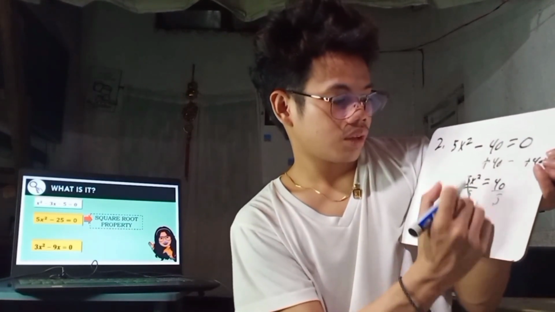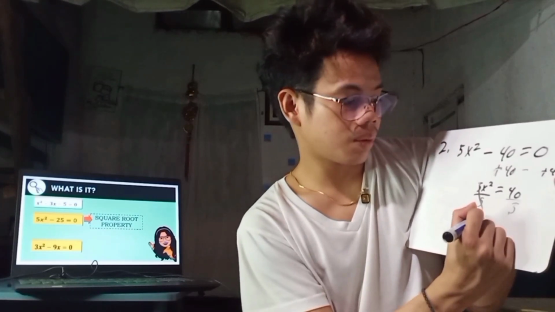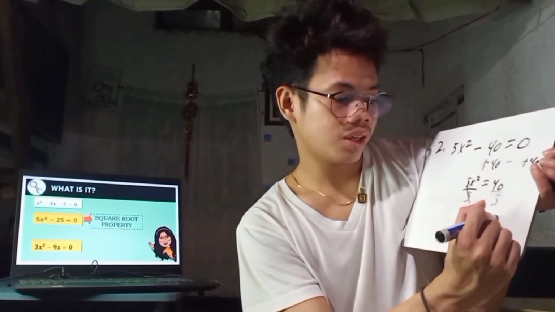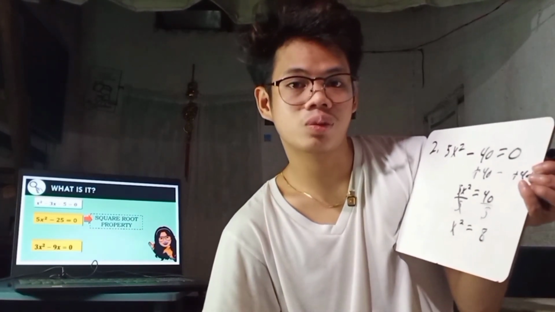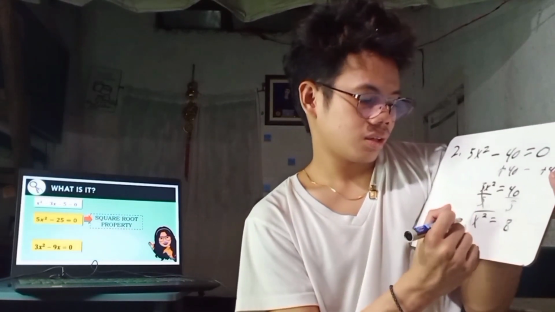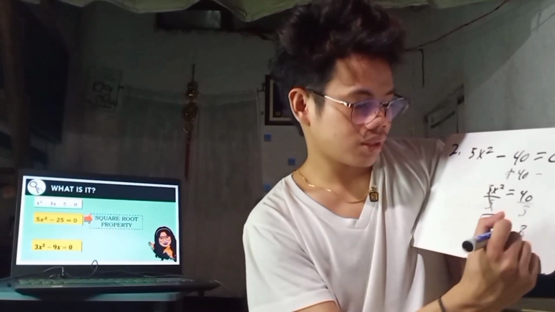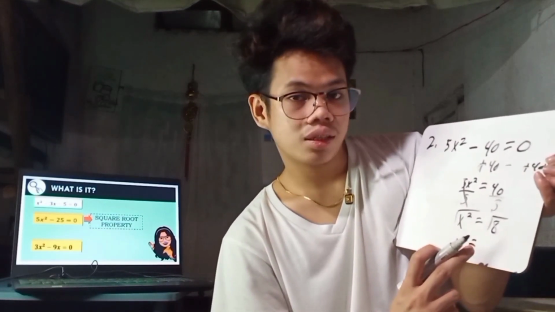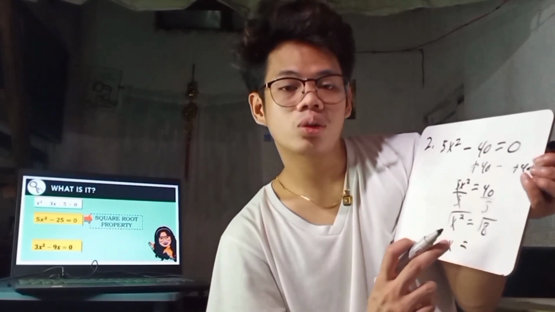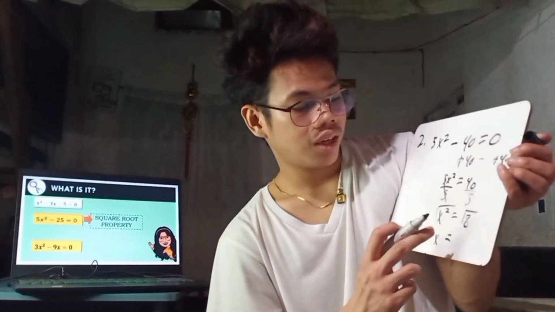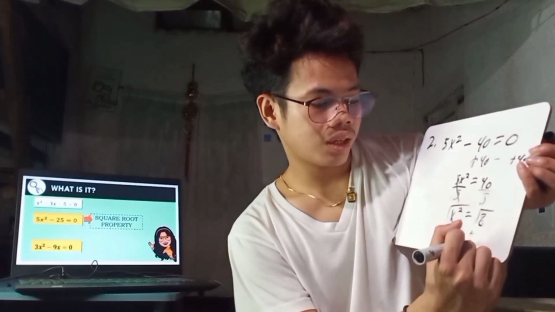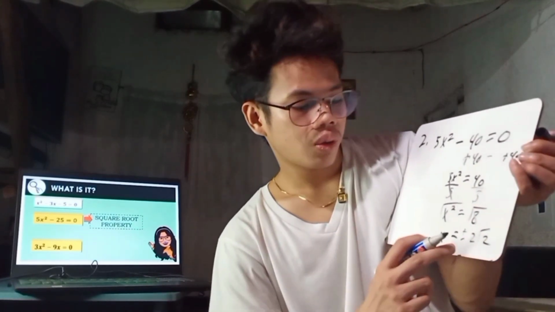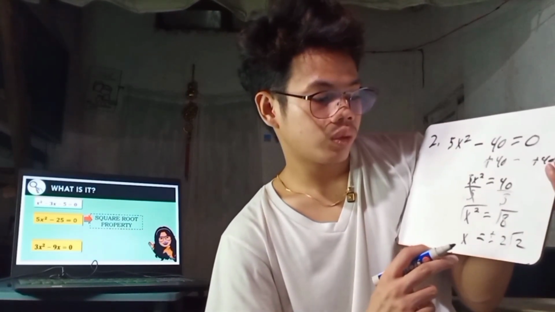So there, it will become x squared equal to 40 divided by 5, which is equal to 8. So now we have to apply the square root property. It will become x, and since 8 we can still simplify it, it will become positive and negative 2 square root of 2. So why positive and negative 2 square root of 2?